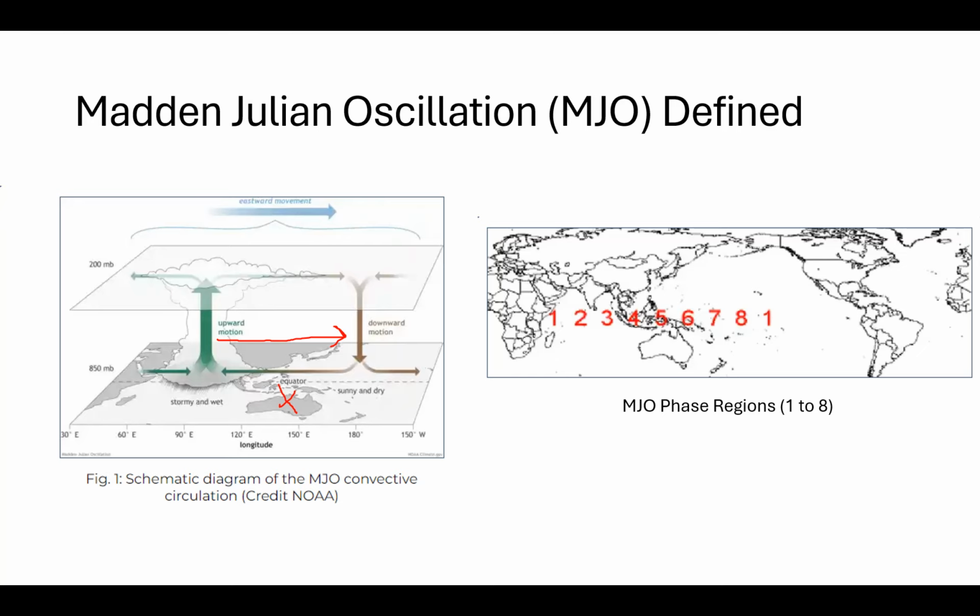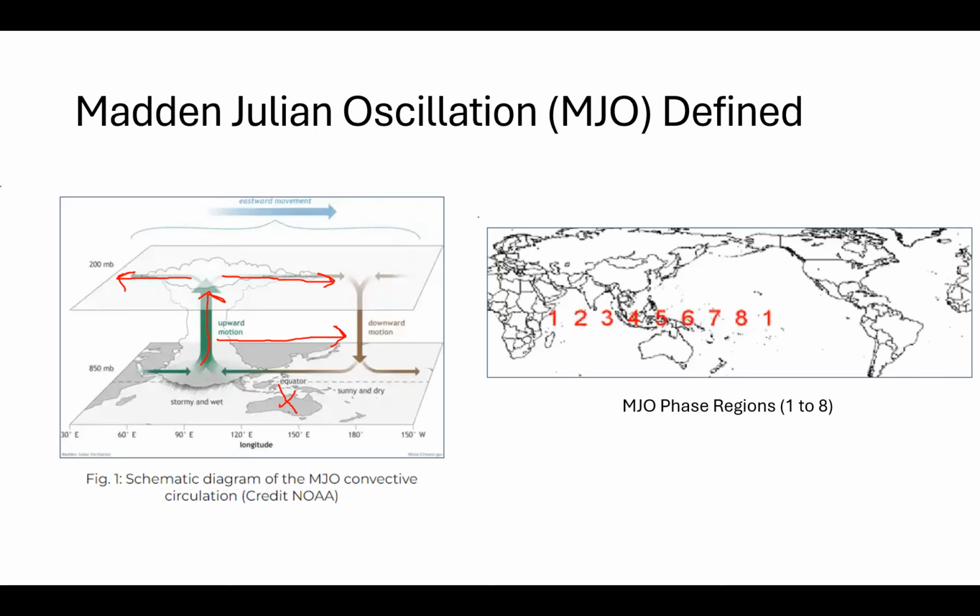Now notice with the MJO, it's associated with upward vertical motion, rising air, by this green arrow. At the top of this strongly rising air motion, though, we have that upper level divergence. Notice how these air streams spread apart up at 200 millibars or 40,000 feet above this upward vertical motion.